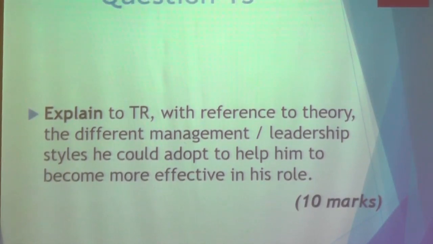In his recent appraisal, he has acknowledged that his style of management is not effective in all instances. In particular, he feels that he has not been very flexible in dealing with some of the issues that he had faced. Not flexible. Now that is a trait, a feature, which you can quote in your answer. That means this guy is a very strict person.